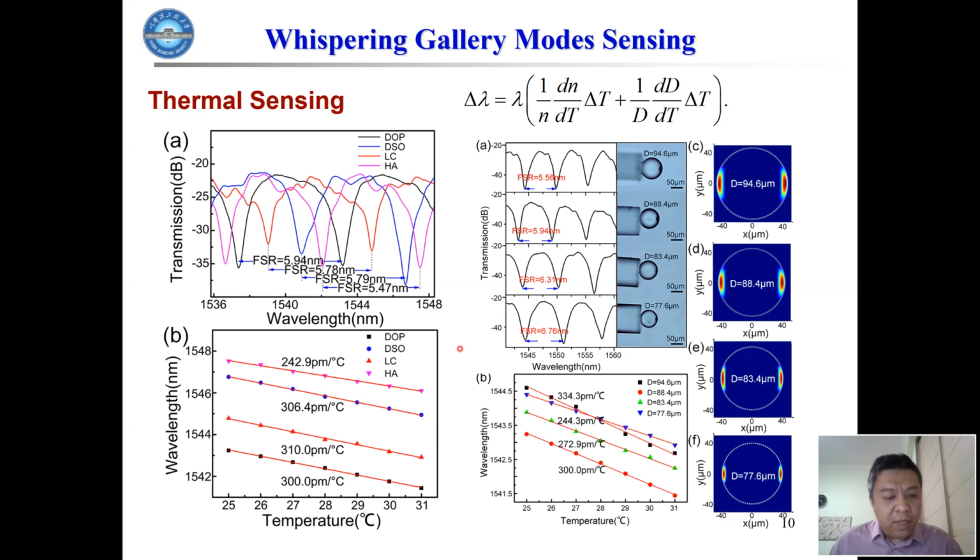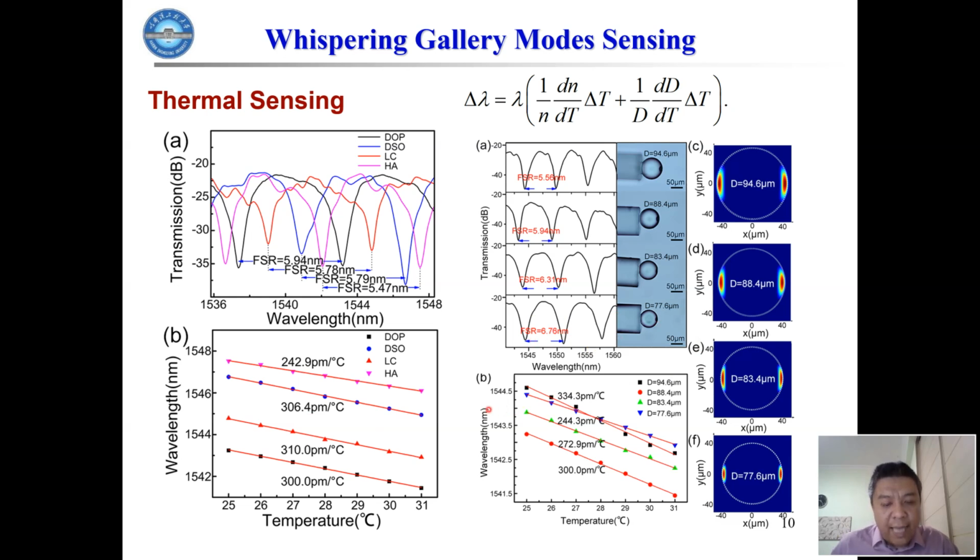Different liquids such as alcohol and liquid crystal filled into the hollow microsphere will have different FSR and also different sensitivities to the temperature, because the wavelength shift is also determined by the diameter of the microsphere.